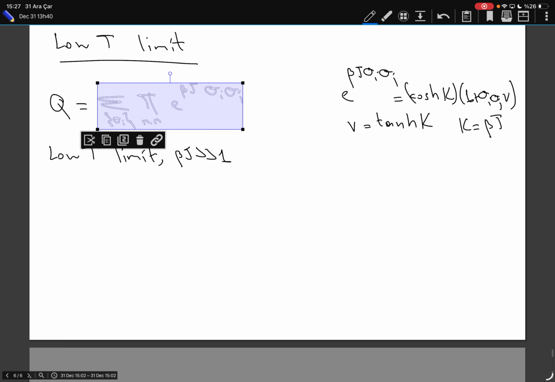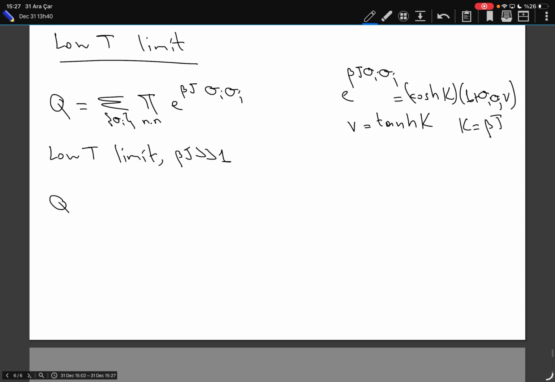They have a very large contribution. Now, if you factor that out, let's say Q is equal to e to the power beta J curly n. This is the contribution from the ground state.